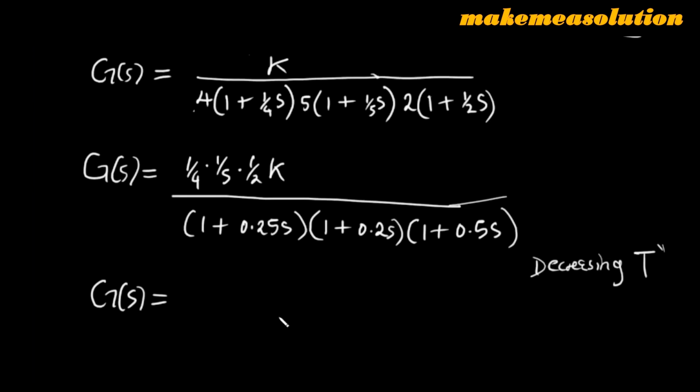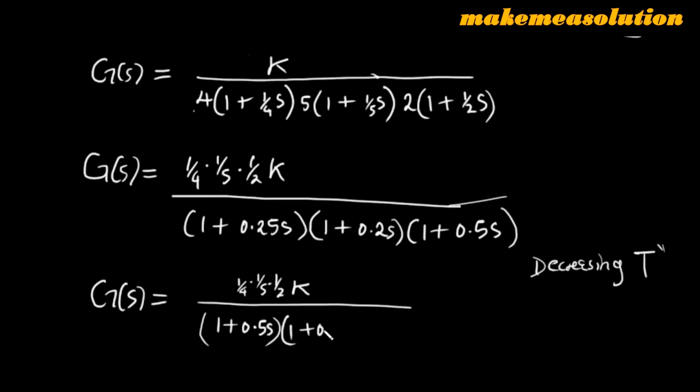So the final expression is going to be k times 1 over 4 times 1 over 5 times 1 over 2, all over, the biggest one is 0.5, so I have (1 plus 0.5s), then (1 plus 0.25s), and finally the smallest time constant, 0.2, (1 plus 0.2s). Is that okay? This is how we are going to be writing our systems.